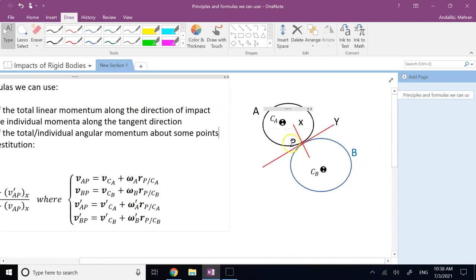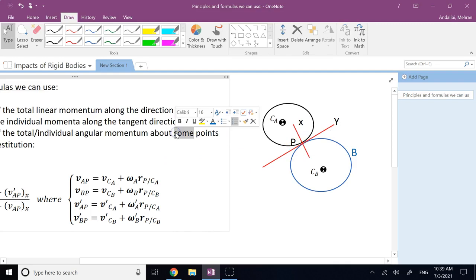One of the most important points is typically the point of impact, P, because the forces are exchanged over there. So if we take the sum of the moments about that point, if we neglect other forces like gravity, which we do here during the impact, then we can say that the total, and you can say even the individual, angular momentums of the parts about that point are fixed, because of course that's the only point where there is any force, and when you take moment about it, the total moment is going to be zero.